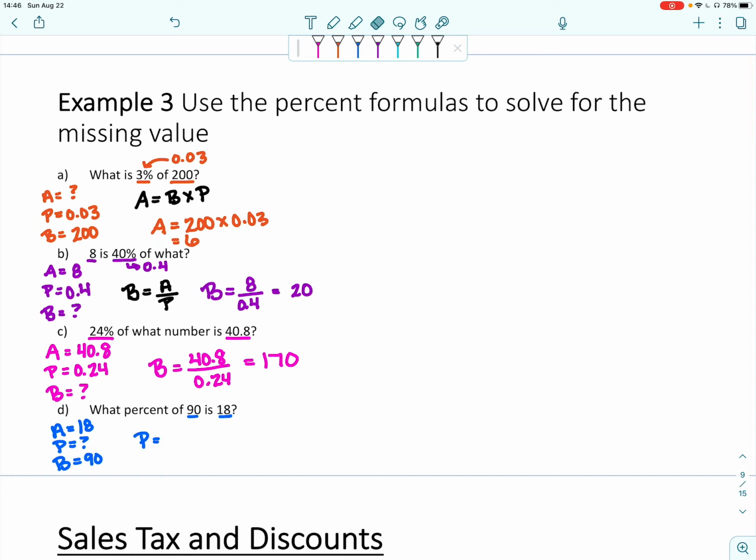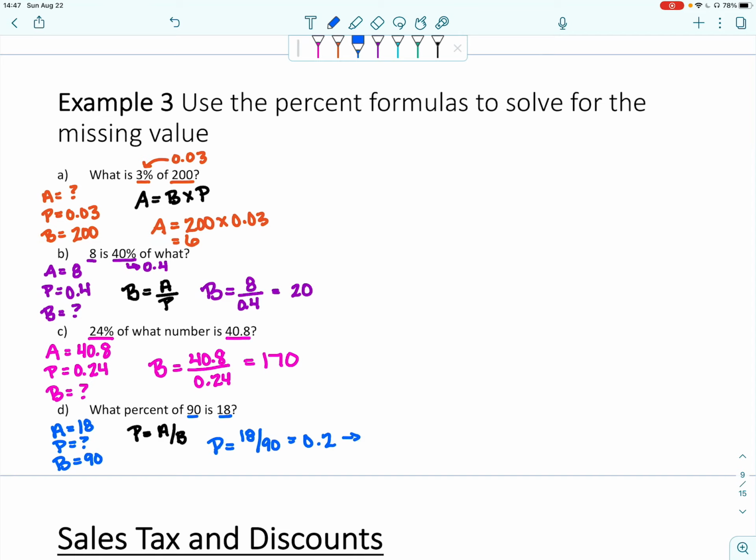So the formula for percent is A over B. So 18 over 90 is 0.2.